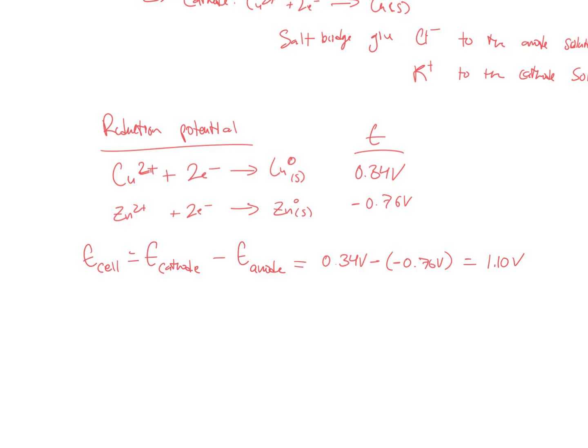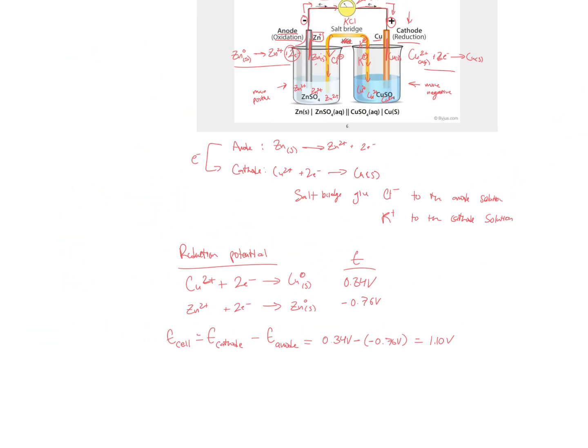Now notice, in our cell, for our cathode here, this number is positive because that's actually what's happening. We're actually reducing it, and so that's what's happening at the cathode. For the anode, this is actually the reverse reaction, because what's actually happening is we're oxidizing it. And so if you flip it, we also have to apply a negative symbol there, which is why we eventually end up with this positive value.